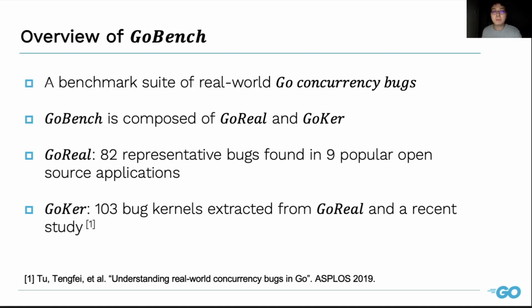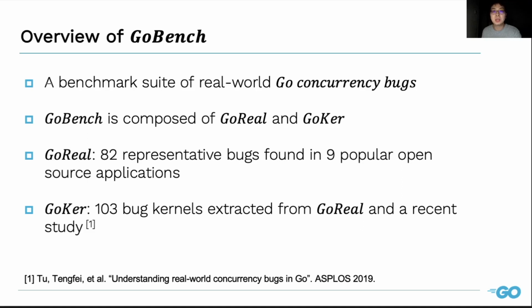Therefore, we proposed GoBench, a benchmark suite of real-world Go concurrency bugs. GoBench is composed of GoReal and GoKernel. GoReal is a collection of Docker files which make it easy to reproduce real-world bugs, while GoKernel is a collection of small test functions which are easy to run by the go test command.